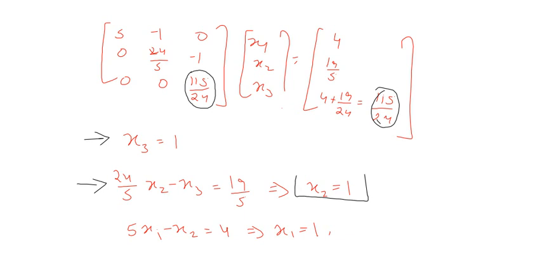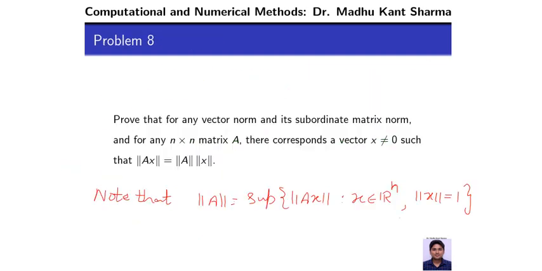Okay, so now the next problem is, you are supposed to prove that for any vector norm and its subordinate matrix norm. If you recall, the subordinate matrix norm is given below. Norm of A is equal to the supremum of norm AX such that x belongs to R^n and x is a unit vector.